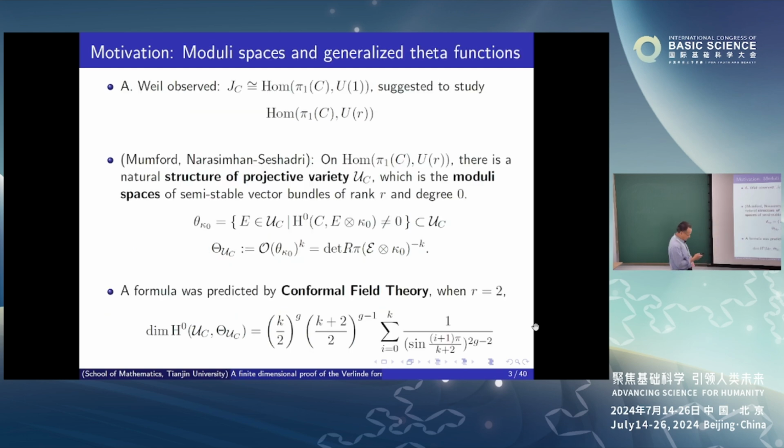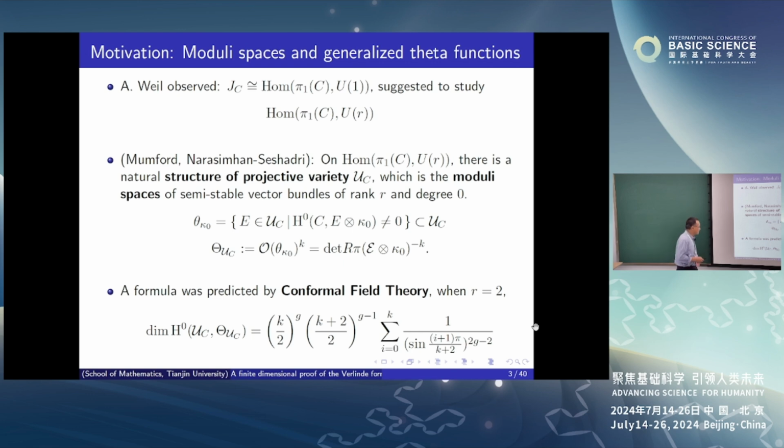Okay, what is the non-abelian case? You can observe that the Jacobian, as a topological space, is isomorphic to the representation space of the fundamental group of rank 1. So it's natural to consider the representation space of rank r, unitary representations.